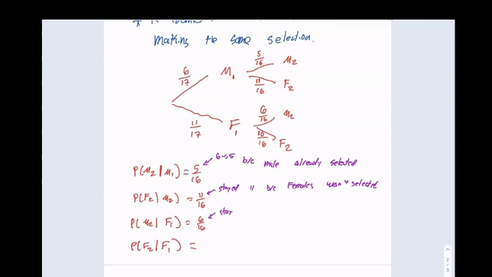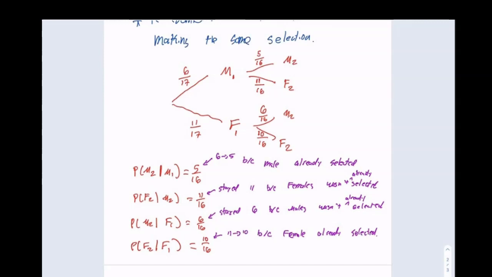This stayed 6 because a male wasn't selected. And the last one down there was 10 out of 16. That went from 11 down to 10 because a female was already selected.